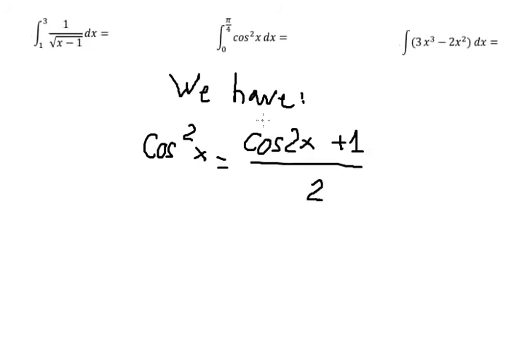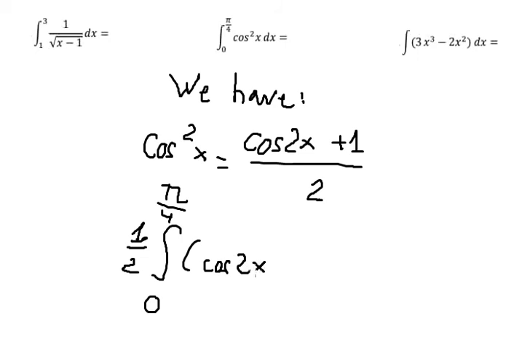Now we need to transform cosine squared x into this one. So I will put 2 here. This is cosine 2x plus 1, and we have the dx.